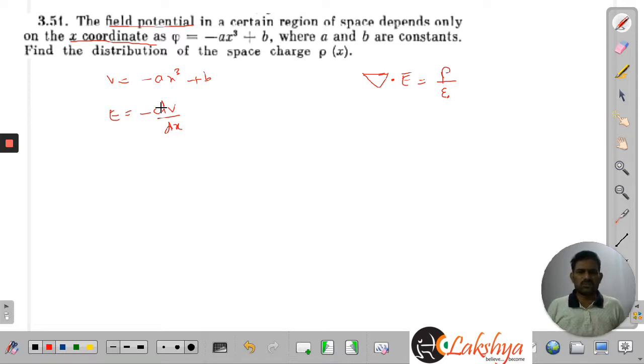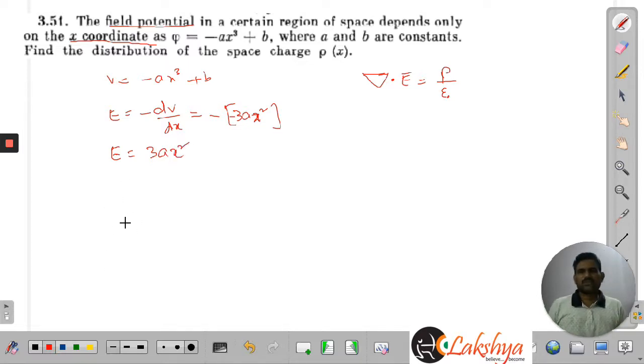In the E-V relation we already discussed that. Here it is only the x component, so I am taking only dV by dx. Therefore, minus of, if we differentiate this, minus 3a x square you will get. So this electric field will be minus of minus, plus 3a x square.